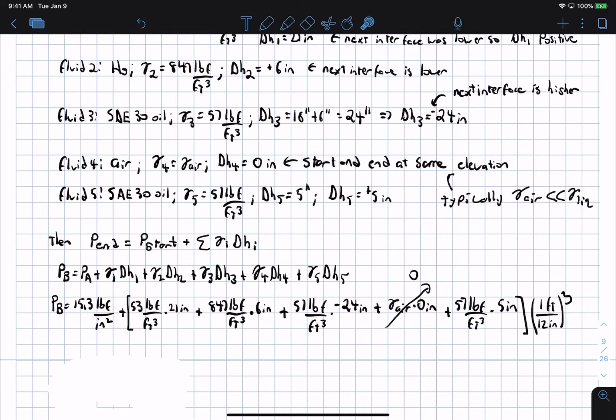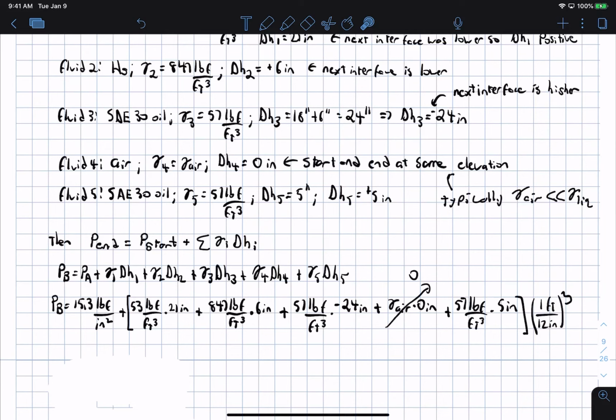And note that I am explicitly putting all the units attached to every single number. And in your homework, I demand that you do that, especially with the English system, to avoid making mistakes. And I have a conversion factor, which I show right here, where I convert cubic feet to inches. Okay.